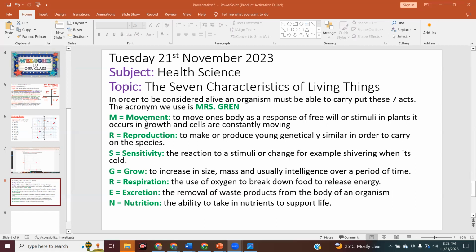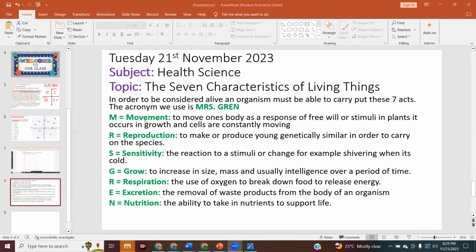S equals sensitivity. It's a reaction to a stimulus, for example, touching something hot or cold. G equals growth, to increase in size, for a human or animal.